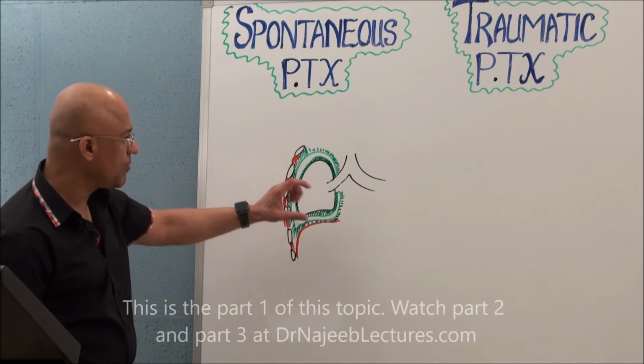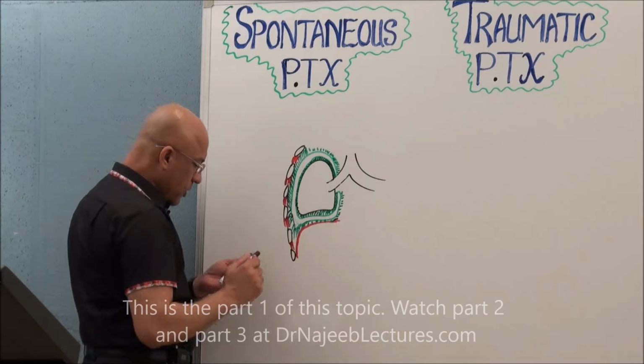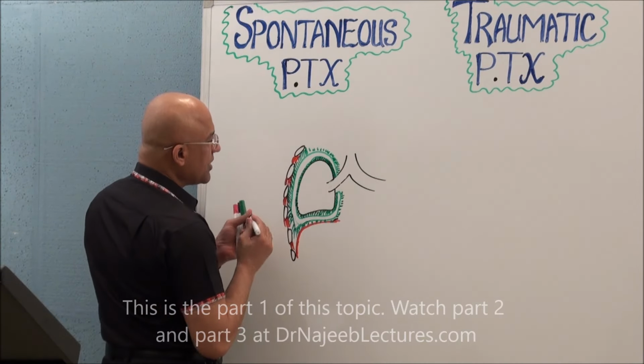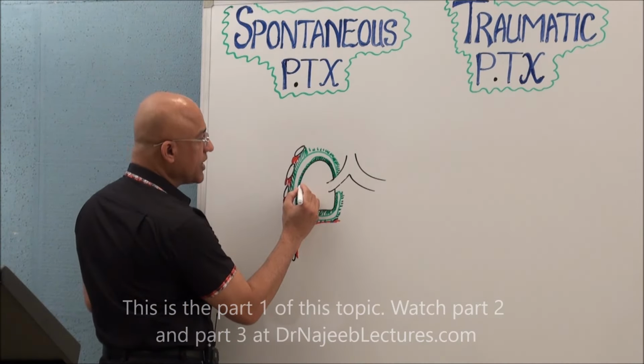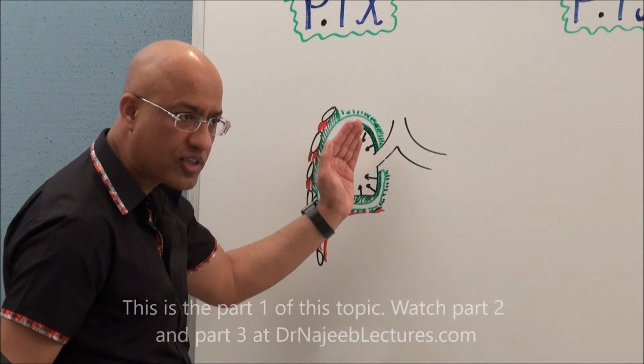I will elaborate here. But before I explain, let me tell you that lung tissue has a tendency to collapse in. Lung is an elastic tissue. Lung parenchyma has a lot of elastic tissue, and it has a tendency to recoil in due to its elastic recoil.